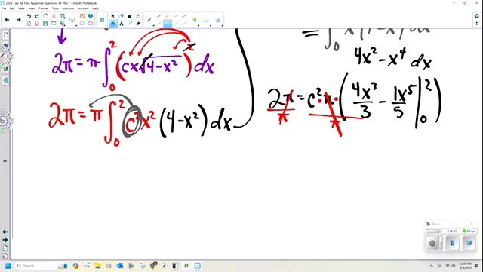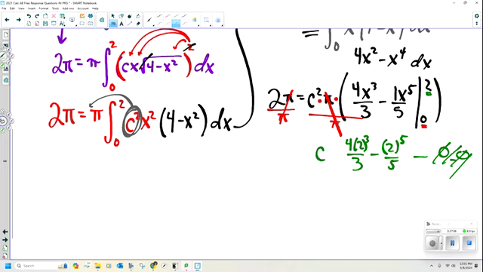All right, I love zeros, because when I put zeros in, everything goes bye-bye. So let's start by putting our 2 in. Okay, 4 times 2 cubed over 3 minus 1 times 2 to the 5th over 5. Okay, minus putting in zeros, they go bye-bye. Okay.